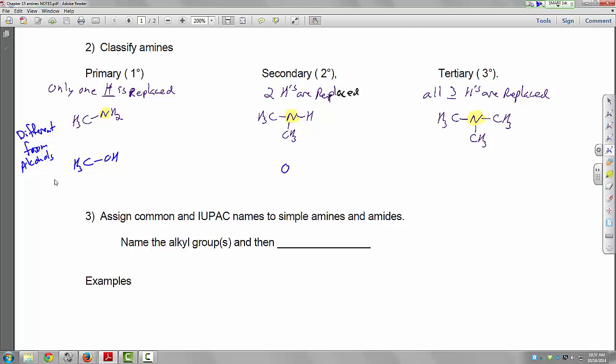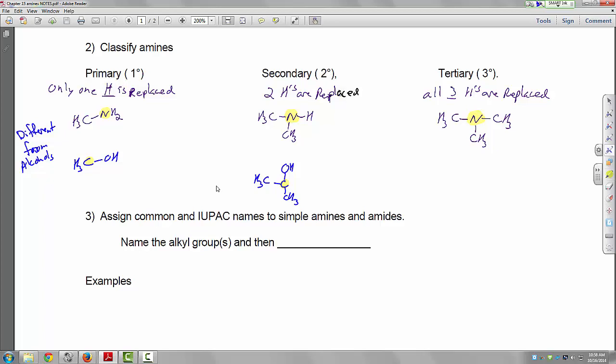This would be a secondary alcohol. And you notice the nitrogen here has two nitrogen-carbon bonds. Here the oxygen has to have an OH, so oxygen just forms two bonds, so there's just one bond to the carbon. So what we're looking at for the oxygens is the carbon here. So we focus on what we call the alcoholic carbon.